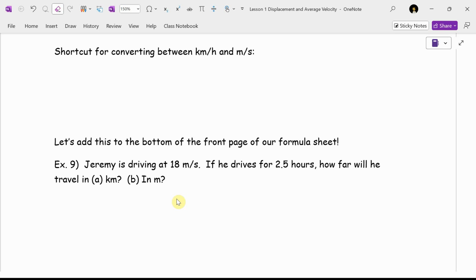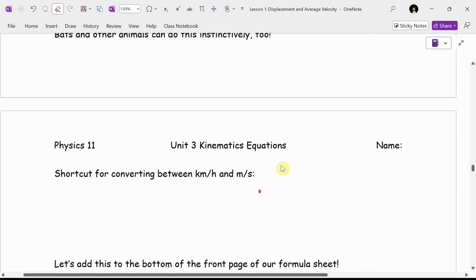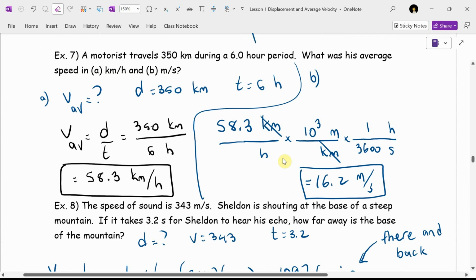We're going to be going from meters per second to kilometers per hour and back fairly often. Meters per second is the units that we prefer. Kilometers per hour is the SI units. And so we're going to develop a shortcut. I want you to notice when Annie and I went from kilometers per hour to meters per second, we times by 1,000 and we divided by 3,600.